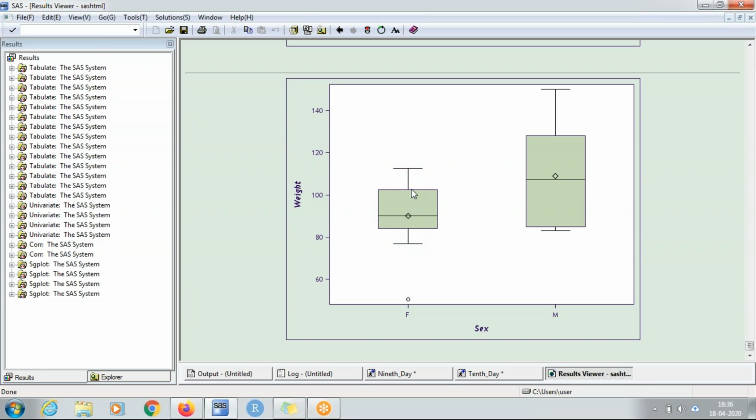Here to here, these are 50%. One student says: I feel the whiskers are called outliers because the bottom line is the minimum value and the upper line is the maximum, and we draw the whiskers from the minimum value to the outliers that we have. That's what I know.